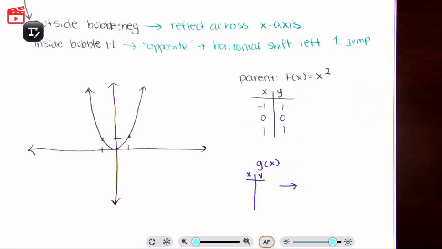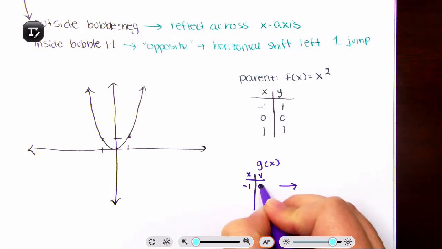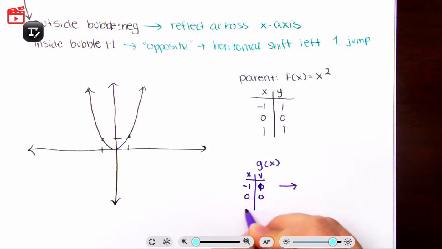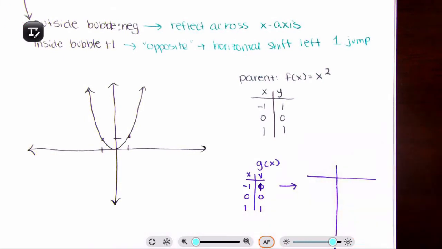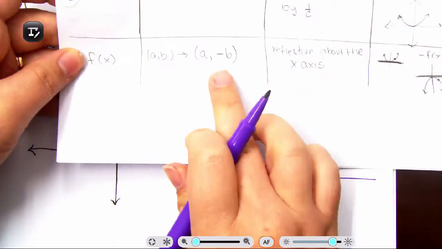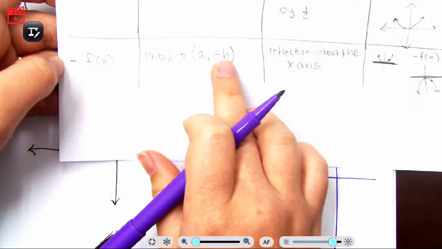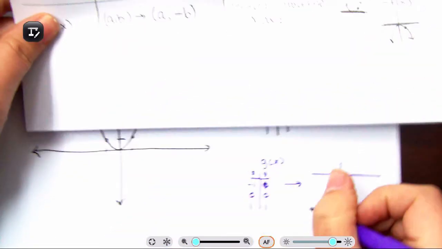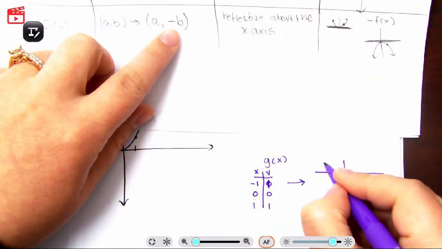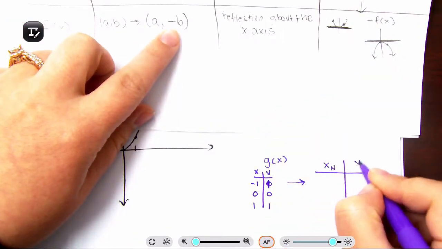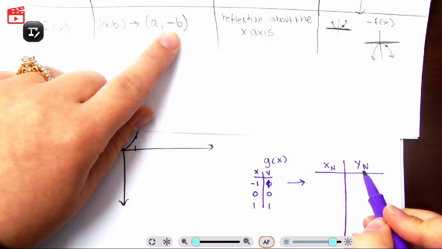For example, our original points are -1 and 1, 0 and 0, 1 and 1. So what is happening to those points? So we said that for our b, because we have a negative on the outside, b becomes negative. So let's see here. What is b? Here's my x values. I'm going to call them new. Here's my y values. New. B is my y.